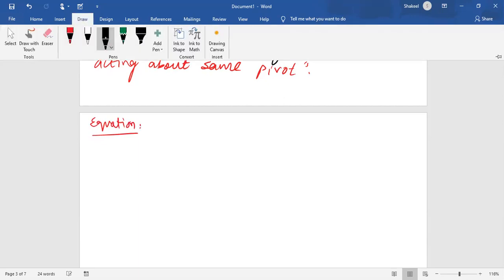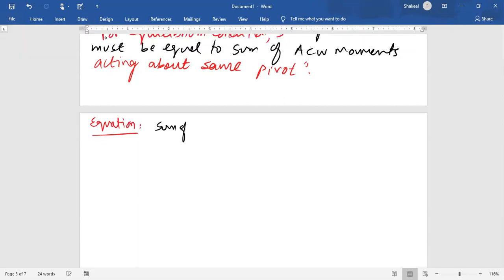The equation is sum of clockwise moments equal to sum of anti-clockwise moments.